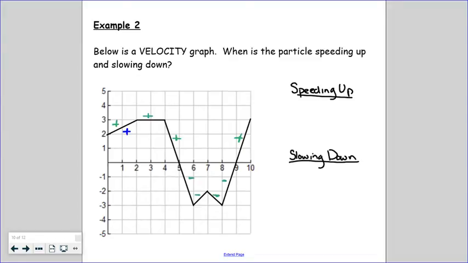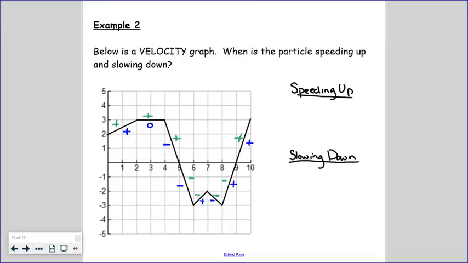From 2 to 4, it is a horizontal line, so it would have an acceleration of 0. The slope would be 0. The slope here, heading downhill, would be negative. The next piece would also be negative, heading downhill. This piece is heading uphill with a positive slope, and then a negative slope. Heading uphill again, that's a positive slope, and the last one would be a positive slope.